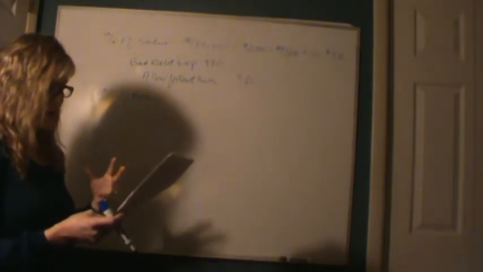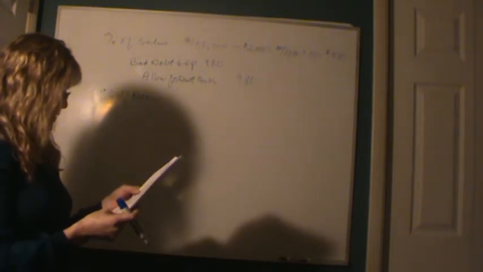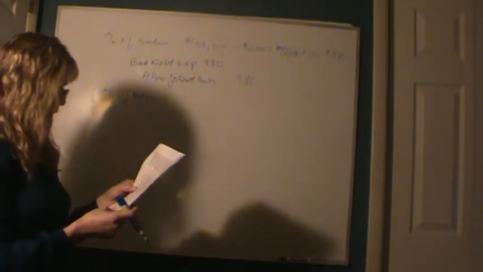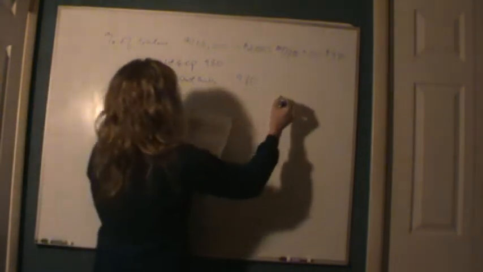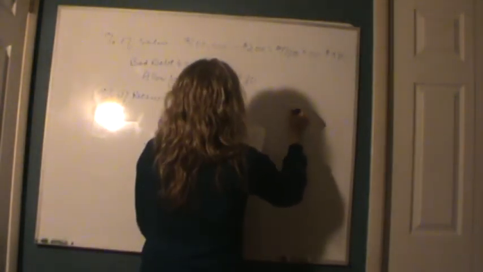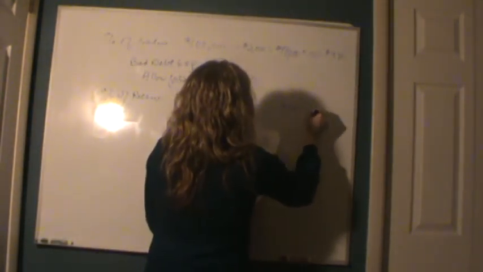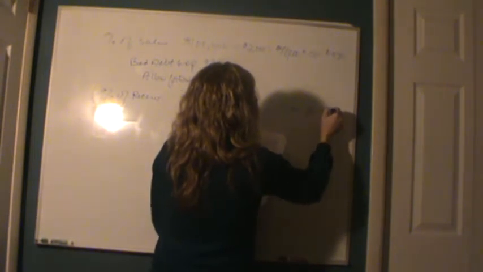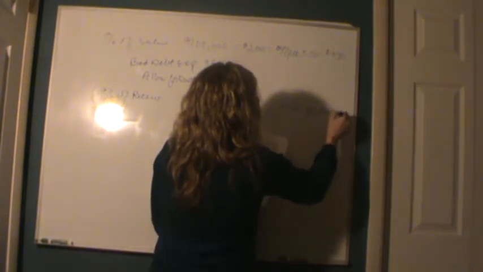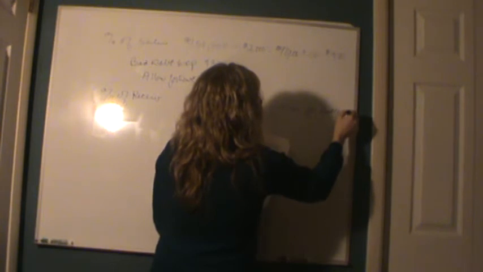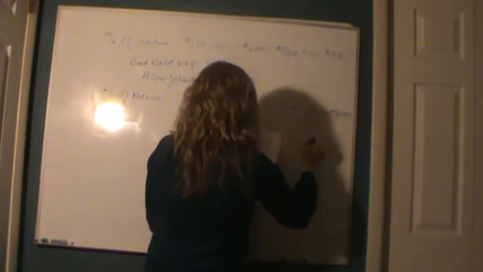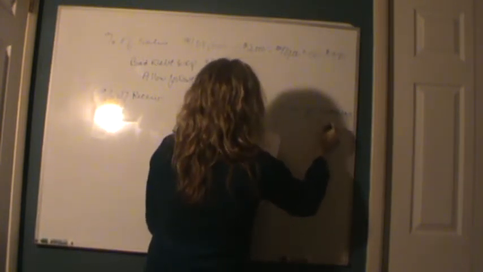Bob Company estimates 5% of accounts receivable will become uncollectible. Accounts receivable are $50,000 at the end of the year. Allowance for doubtful accounts is a $100 credit balance. So let's go ahead and mark allowance for doubtful accounts. It's got a $100 credit balance.